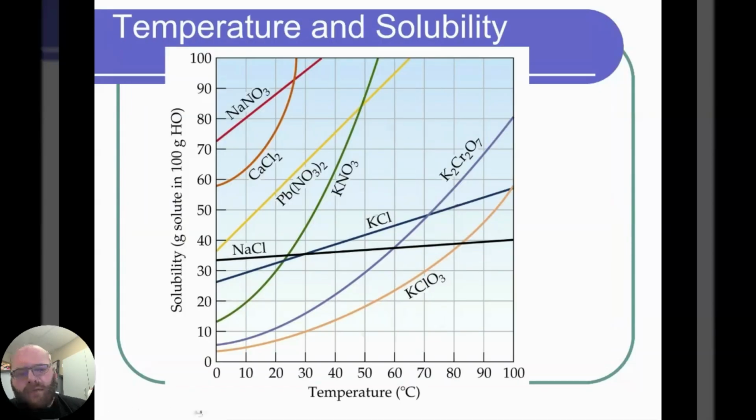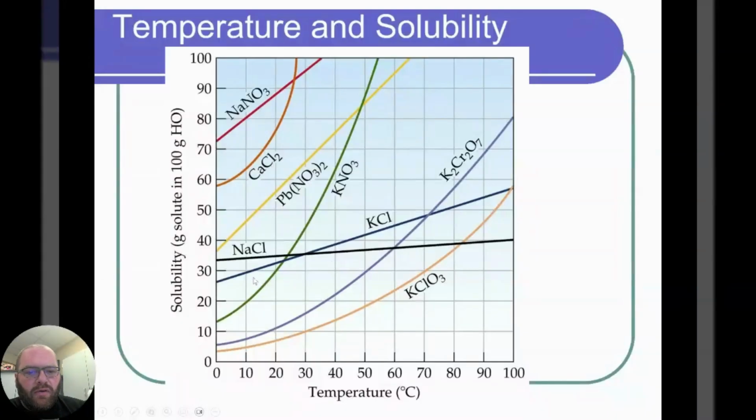This graph shows the effect of temperature down here at the bottom in Celsius on solubility, which is essentially grams dissolved into water. And so as you go up in solubility, all of the graphs or the lines, curves, increase as they go to the right as well.